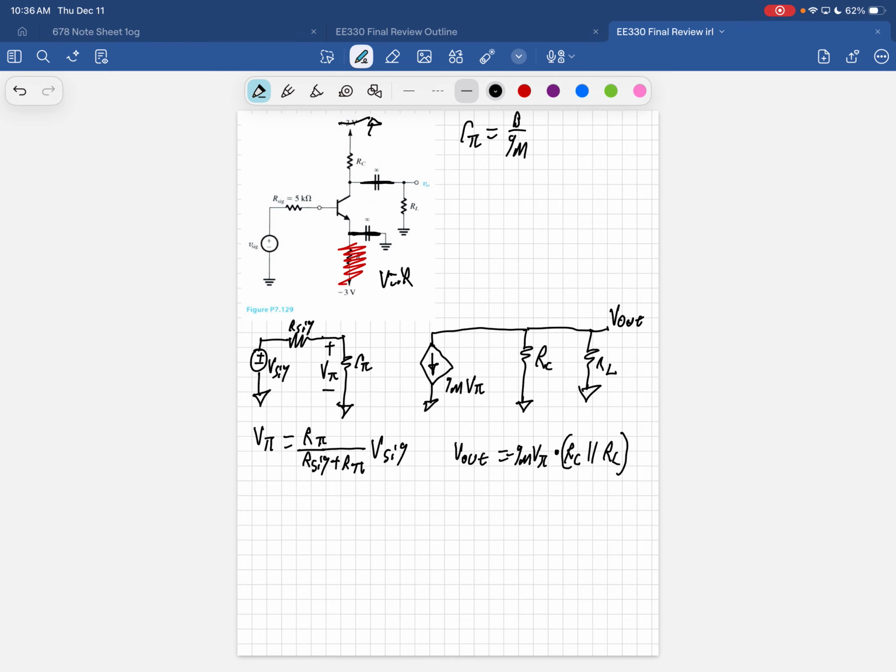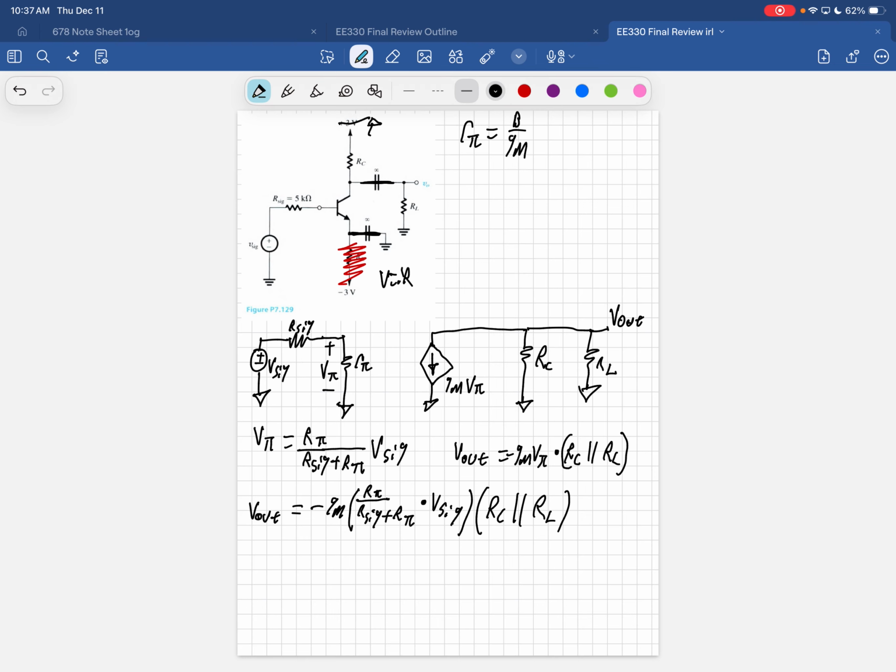I'm just going to take these two and mash them together before we solve, which gives us V out equals negative GM times R pi divided by R sig plus R pi, times V sig, times RC in parallel with RL.